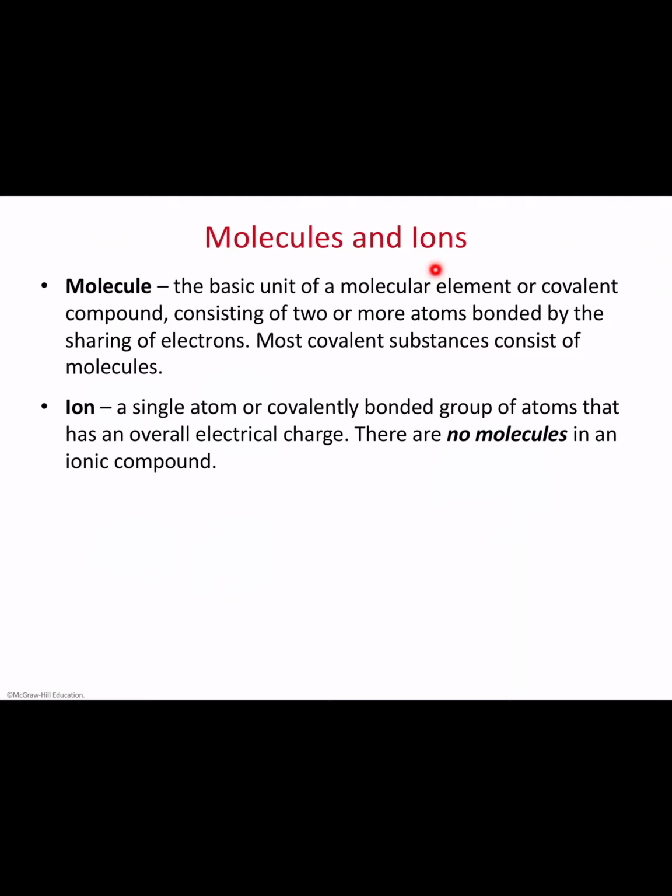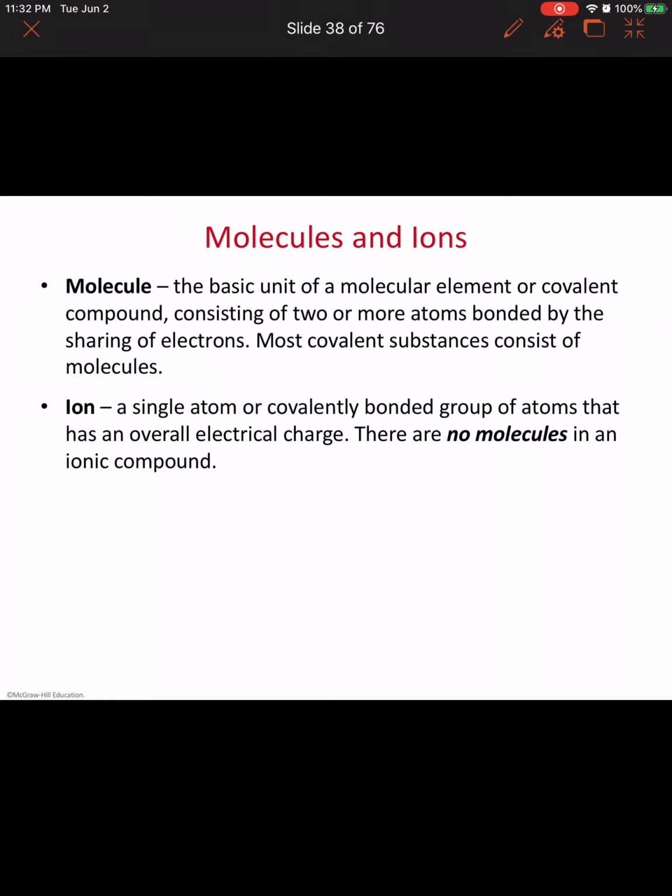Molecules and ions. Molecule, the basic unit of a molecular element or covalent compound, consisting of two or more atoms bonded by the sharing of electrons. Most covalent substances consist of molecules. We can use this term molecule for covalent compounds. And then we have ions. An ion can be a single atom, like sodium ion, potassium ion.